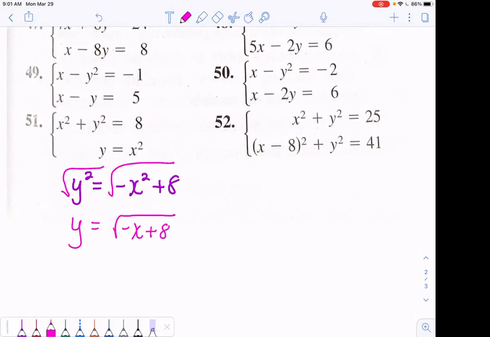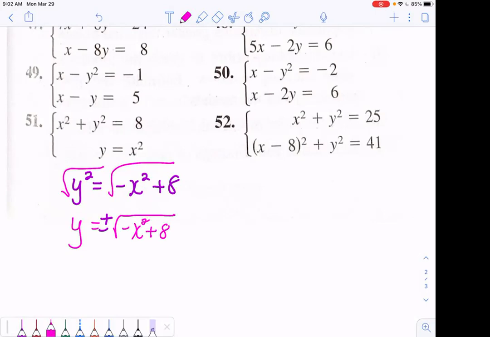But what goes in front of negative x squared plus 8? Peter? A plus or minus, because anytime you apply a square root to an equation, you're solving for a term that was squared. So you have a plus or minus in front of that, Jack. That's a negative x squared plus 8. Yeah, thanks. I missed the squared. Thank you.